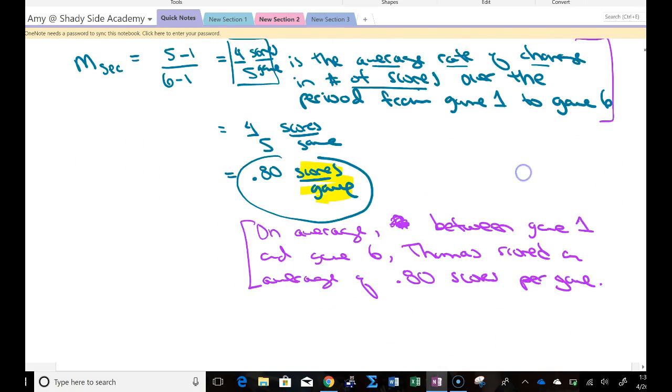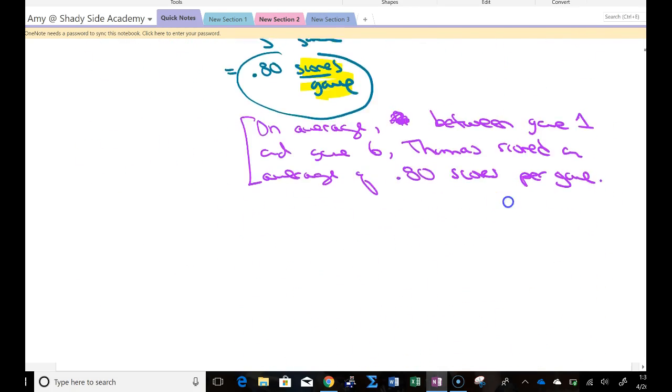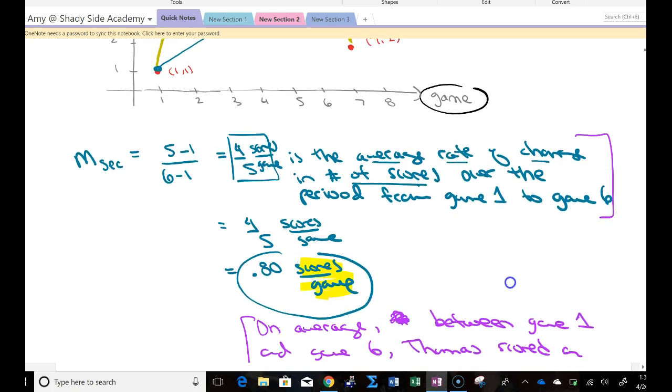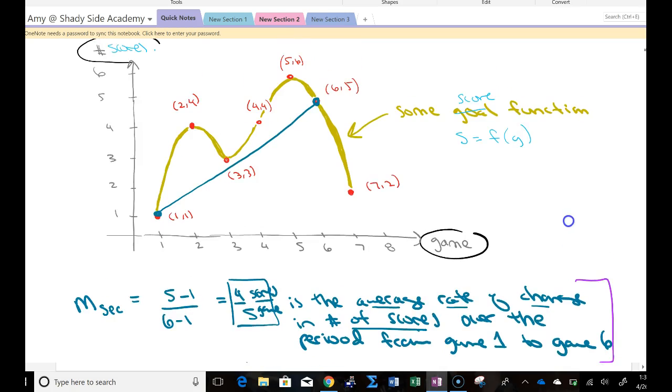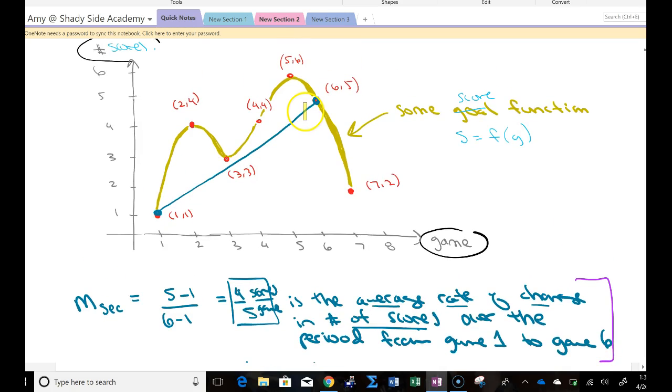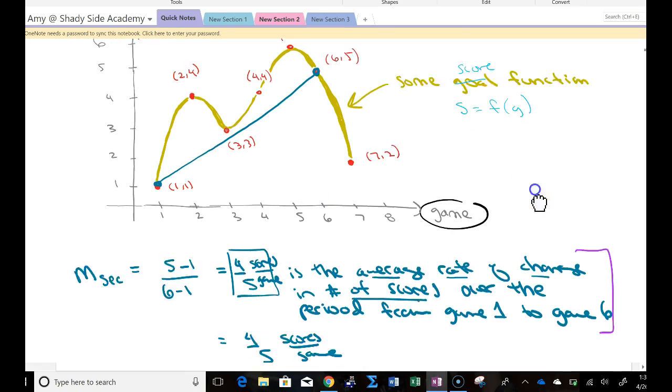Now, let's talk about this. We want to know the single most common mistake I see people making. Look what we did here. To find the slope of the secant line, we found the slope of the line connecting those 2 points. People mistake this slope, which is the average rate of change of the function f over the interval of time from x1 to x2, for this.